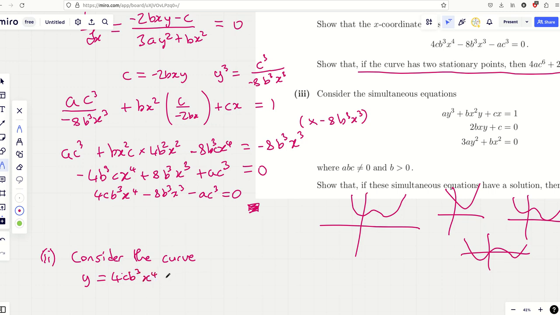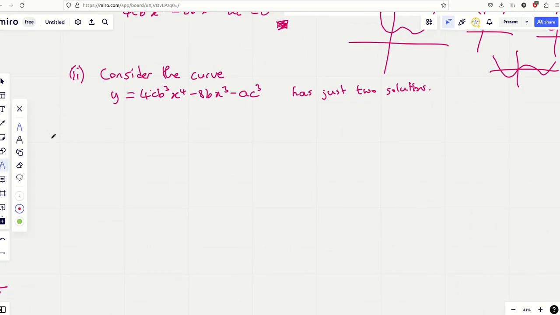Consider the quartic basically, and the fact that it has just two turning points, two solutions. So I'm thinking about the fact that this has just two solutions. Okay, find its turning points. Let's think about its turning points.